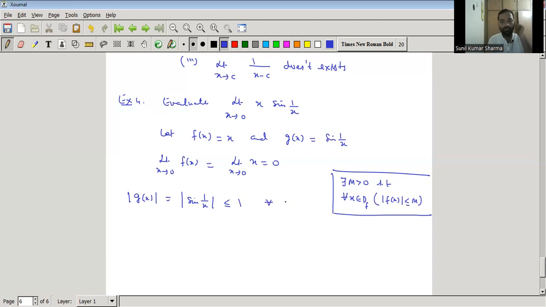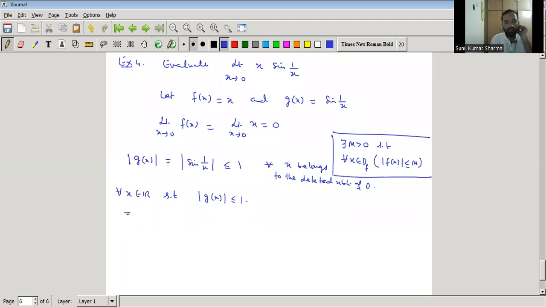for all x belonging to the deleted neighborhood of 0. So therefore g is bounded. So we can say, given any x belonging to R, mod of g(x) is less than or equal to 1.